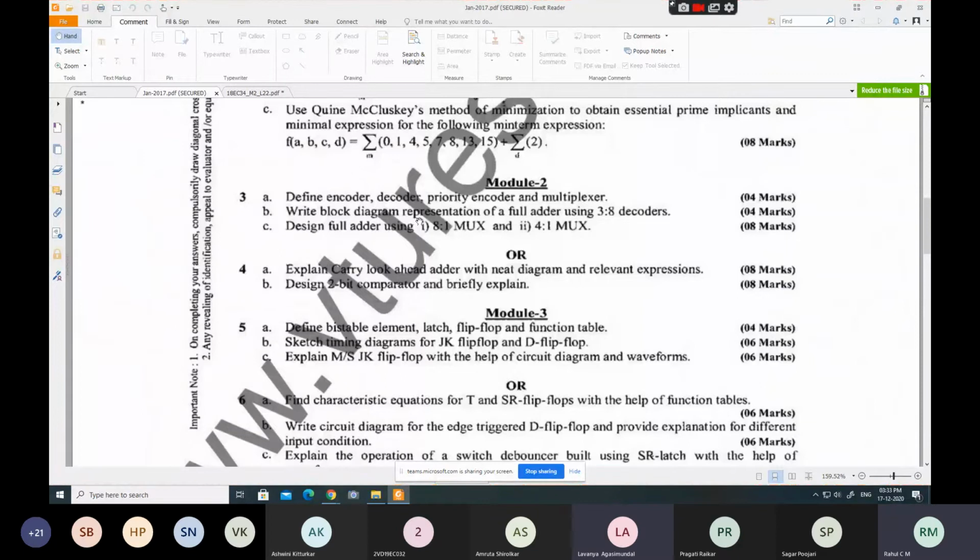There are n number of inputs. Correct, very good. What is the priority encoder?